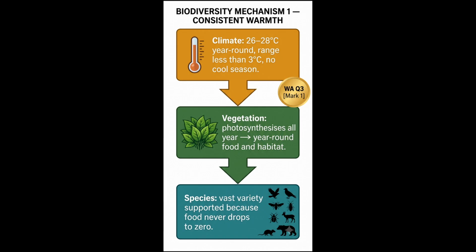There is no winter to force dormancy, no cold season to kill back growth, no period where food supply drops to 0. The result? An enormous and continuous quantity of food and habitat is produced all year round. And the effect on species, a vast variety of animal species can be supported because food is always available. That is WA Question 3, Mark 1.